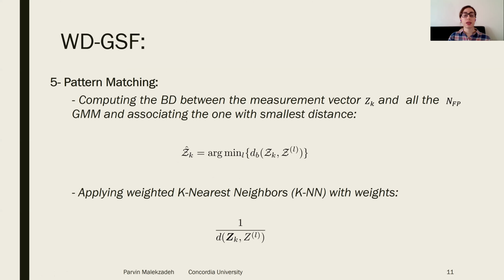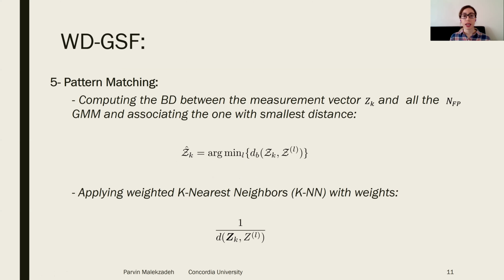And the last step is pattern matching. For pattern matching, we use two scenarios. The first one is that we calculate the Bhattacharyya distance between the online RSSI vector, ZK, and the Gaussian mixture models of all of the zones, and associate the zone with the smallest distance as the current zone of the user.